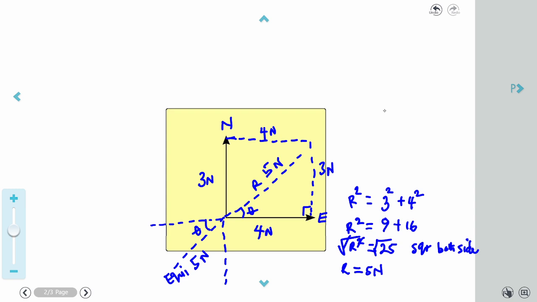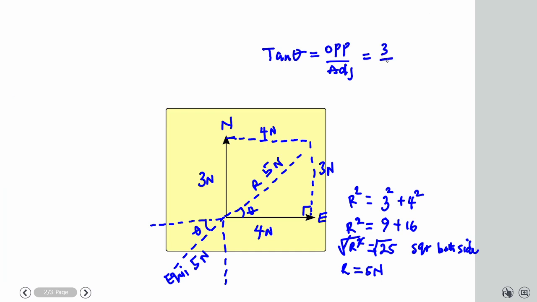So taking note of that, to find theta you have to engage the adjacent side and the opposite side, of which the trigonometric ratio for that would be tan theta. So tan theta is equal to opposite over adjacent, and in this case our opposite is 3 and our adjacent is 4. So 3 divided by 4 would give you tan theta. Tan theta is equal to 0.75.